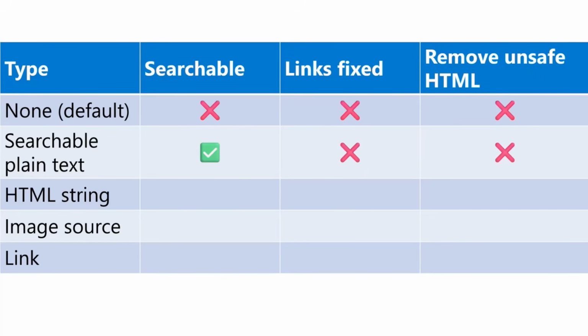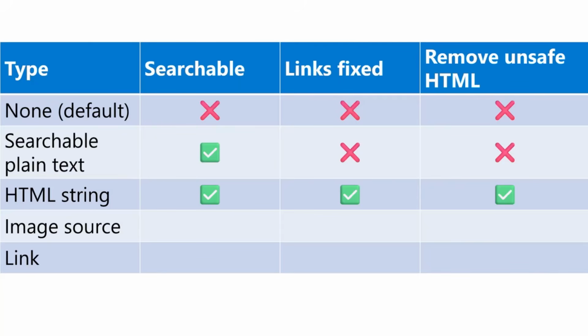But if you actually say that the content I'm going to be showing is searchable plain text, so you don't have any tags, you just have text, it will be searchable. If you say, like I did in my code, that the content you're producing is HTML, even though it's coming from an adaptive card, I'm storing the rendered HTML. It makes it searchable.